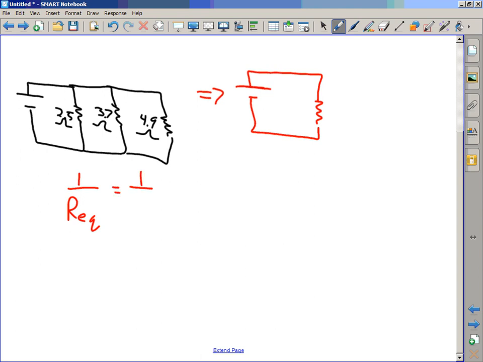That's going to be 1 over 2.5 plus 1 over 3.7 plus 1 over 4.9. Now, the most common mistake that happens is everyone plugs that side into the calculator, right? And whenever you plug that side in the calculator, what do you get? 0.874? Yeah.